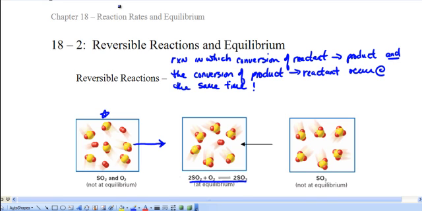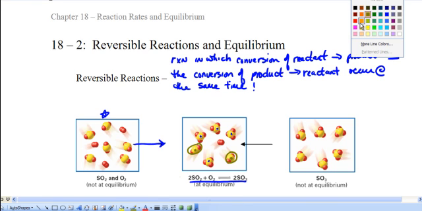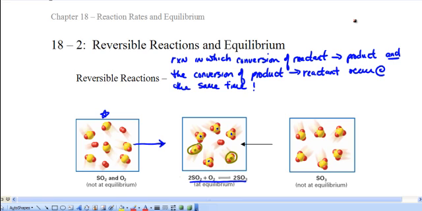But if you notice where the reaction stops, you have a mixture of both sulfur trioxide, which is our product, right here, here, here, and here. You also have in this mixture some sulfur dioxide, SO2, left right here and here. Let me circle those. And then you also have this lone oxygen left right here.